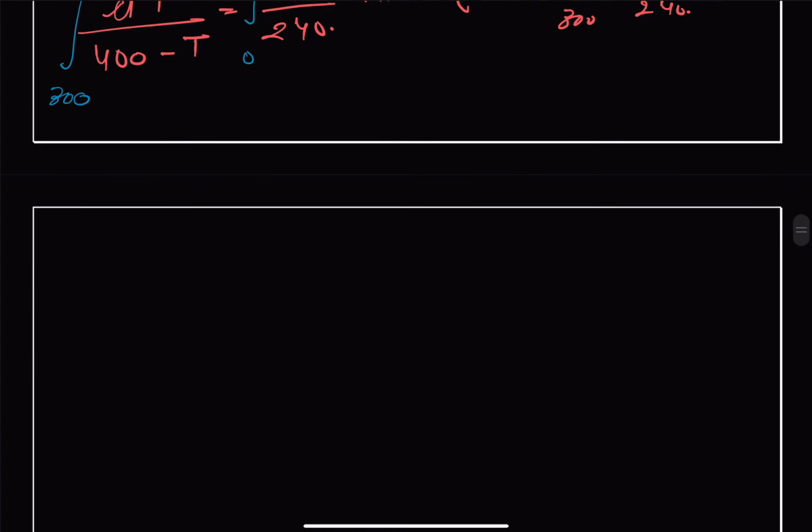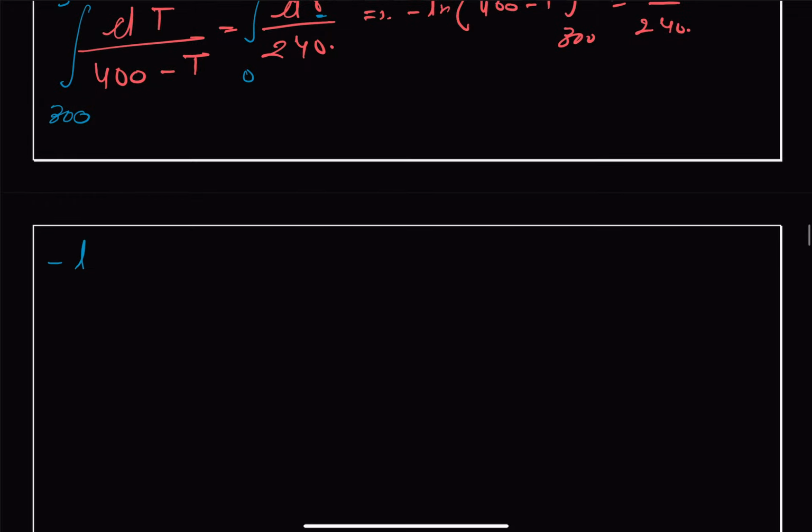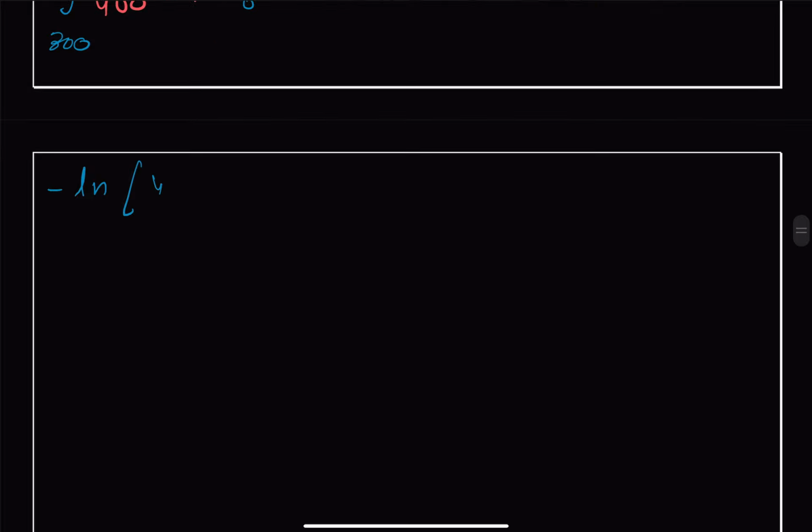So we get minus natural log of 400 minus 350, plus natural log of 400 minus 300, is equal to tau upon 240.